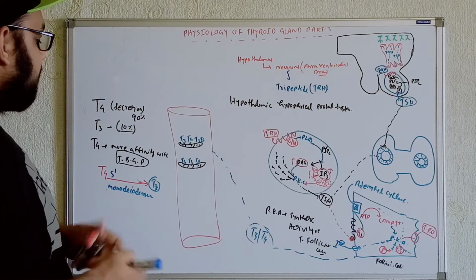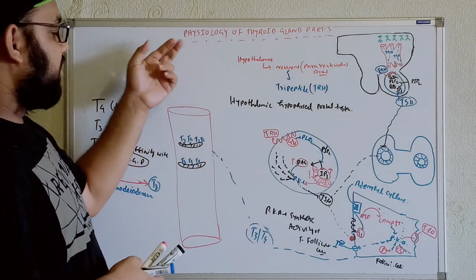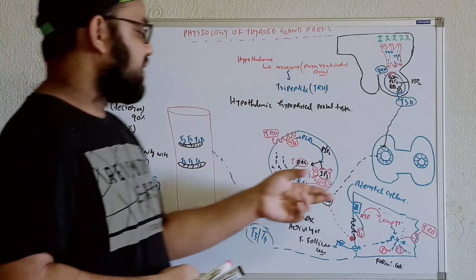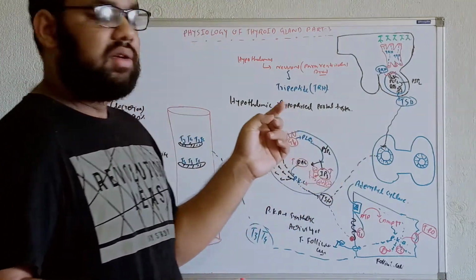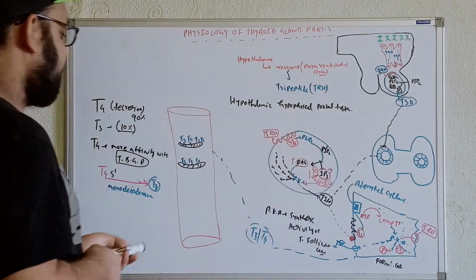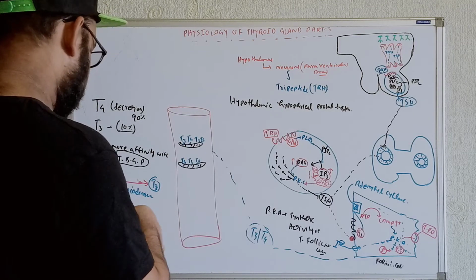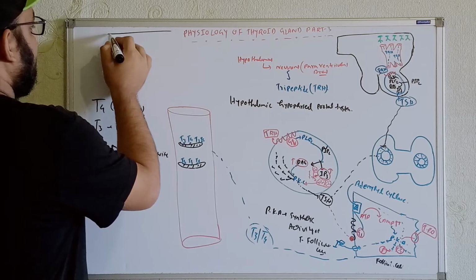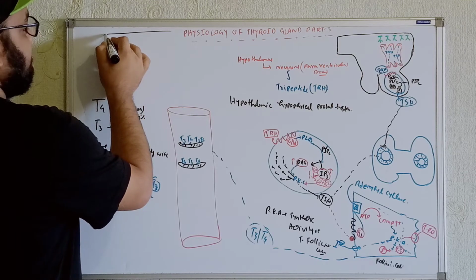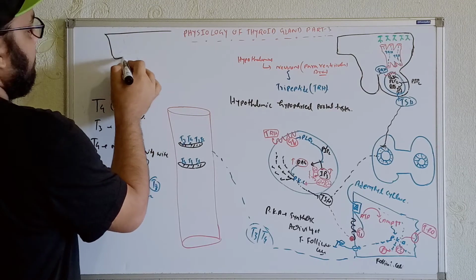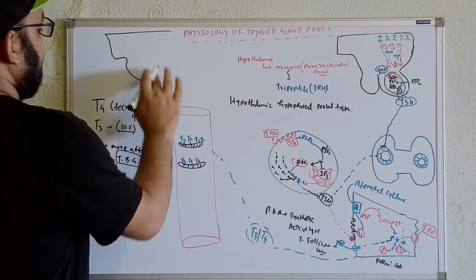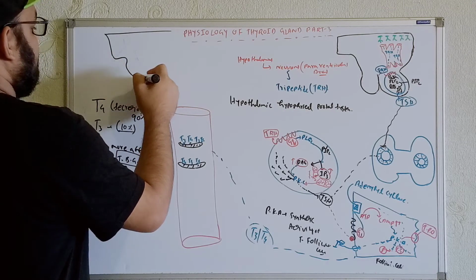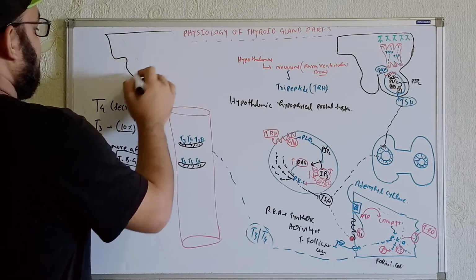Now, how do the central regulations regulate the secretion of TSH from the pituitary? We have to understand these things, so for that I'll draw them over here. Let's draw it this way, guys.